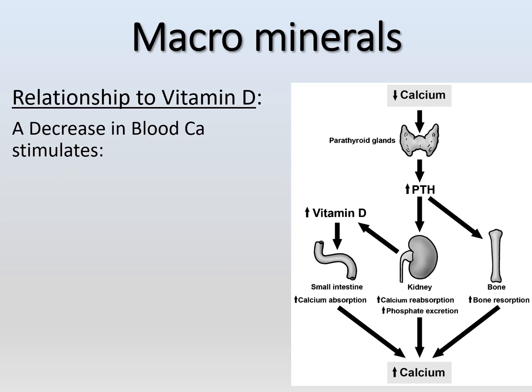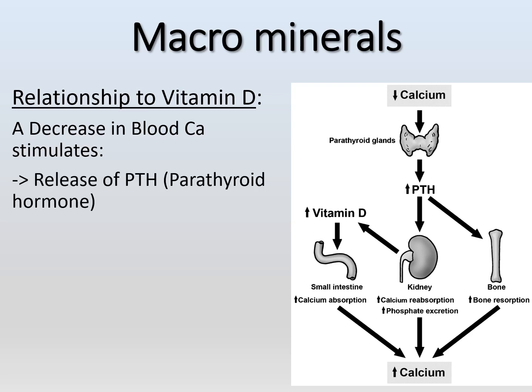So let's talk a little bit about calcium in our blood, right? So we said we store the calcium in our bones, but how do we actually get it into our blood to utilize it for things like muscle contraction and nerve stimulation? And it has to do a little bit with vitamin D, which plays a big role in the calcium levels in our body.